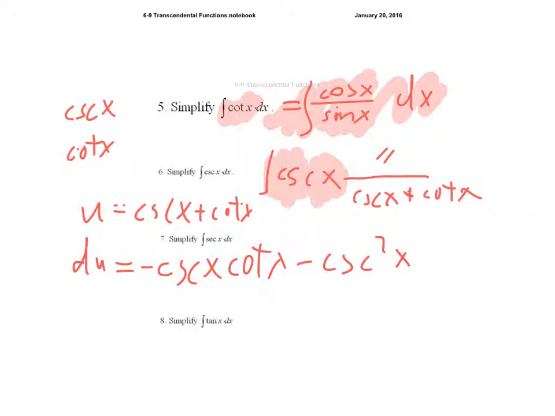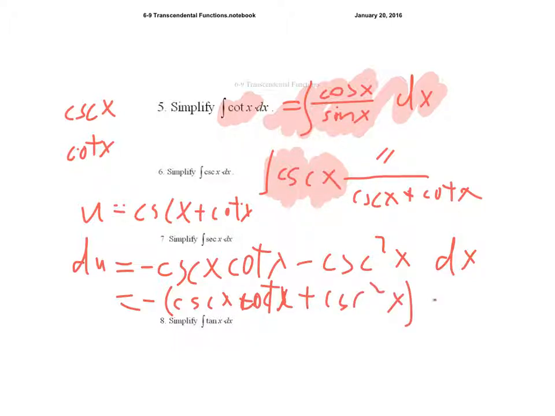I'd probably end up needing to factor out a negative. Essentially what that's going to be is negative and then all that good stuff. Cosecant of x plus cosecant of x cotangent of x plus cosecant squared of x dx. So when I actually plug it in, I will probably end up putting a negative right there.